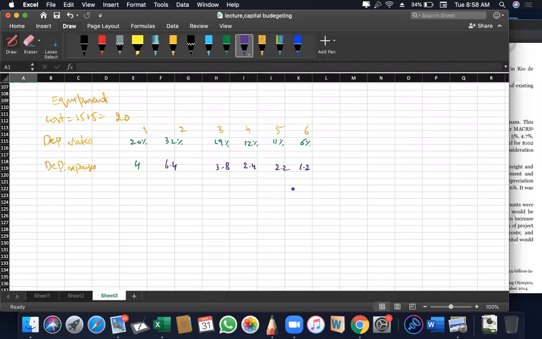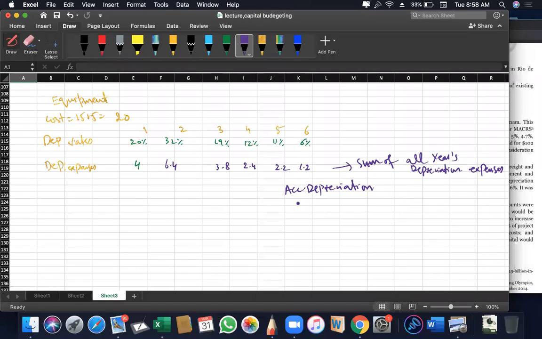Now let's calculate its accumulated depreciation. How can we find accumulated depreciation again? It is the sum of all years' depreciation expenses.